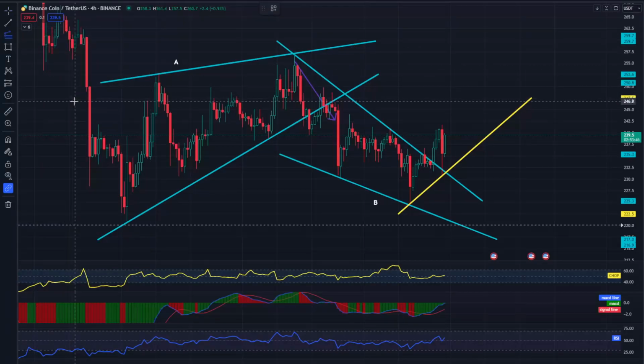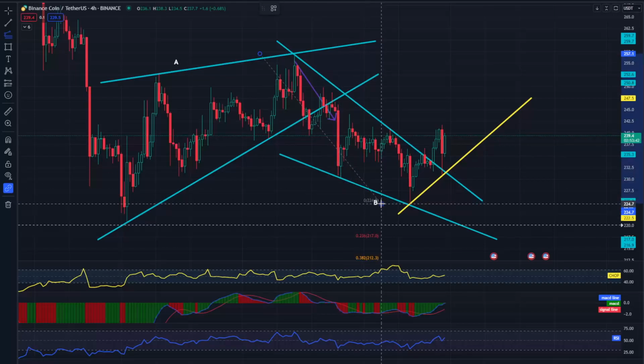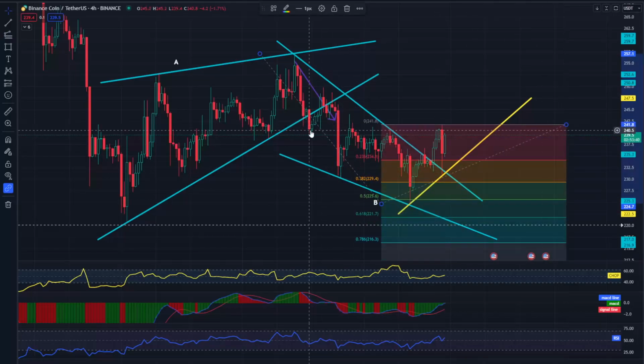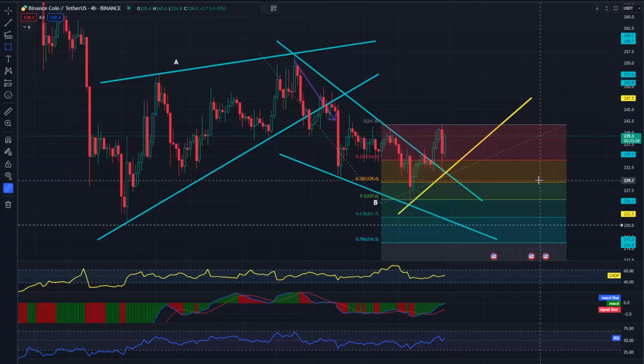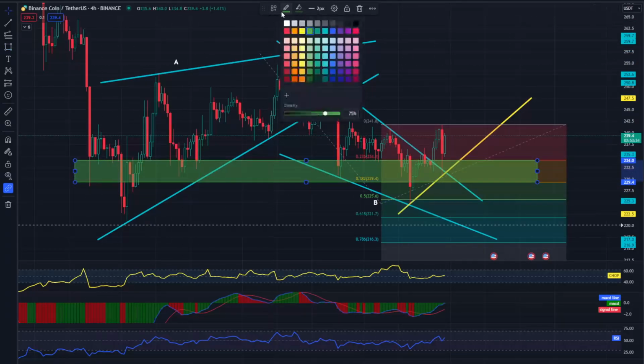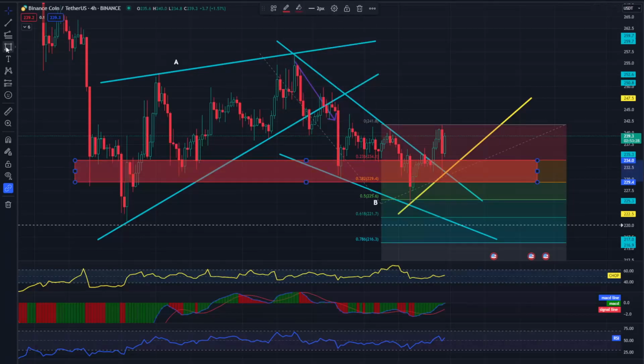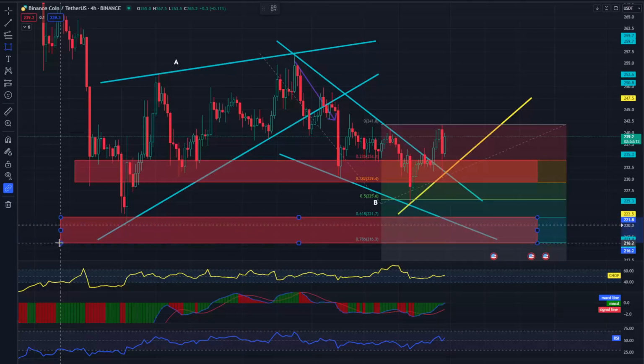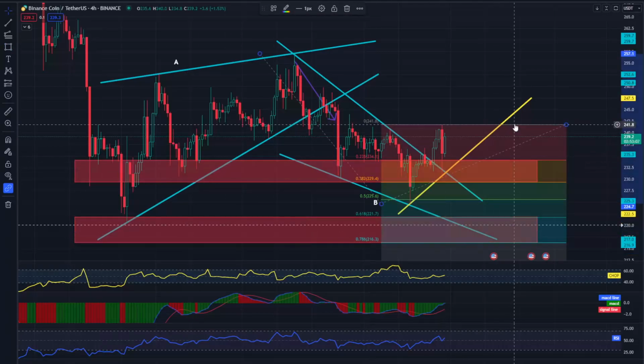Using the trend-based fib extension tool, we will check support places for the BNB price. And here you can immediately see that we have a support zone from $234 to $229, which is currently holding the price. However, when we fall below this zone, the price has a second very strong support zone from $221 to $216.